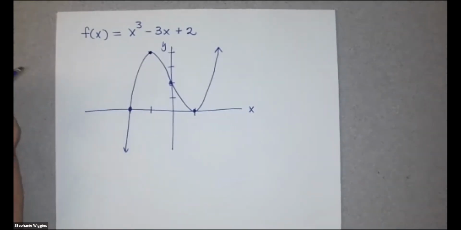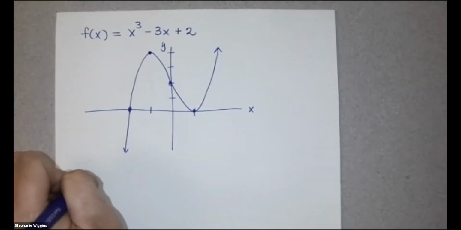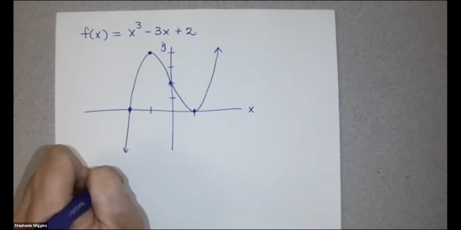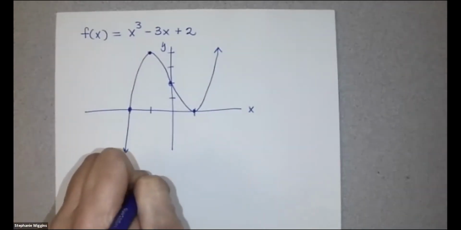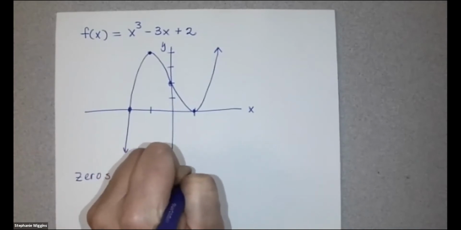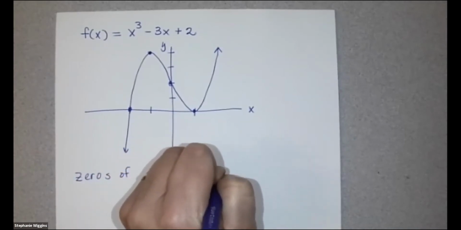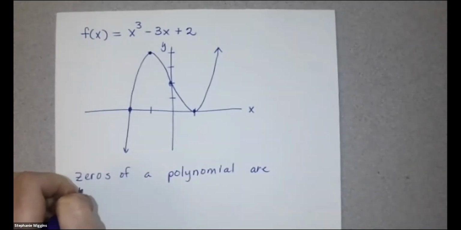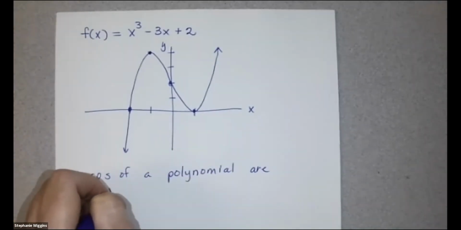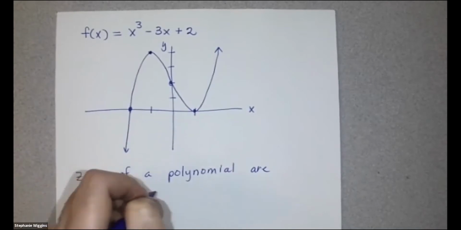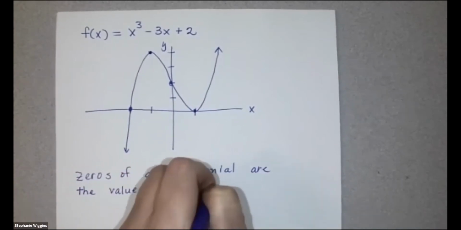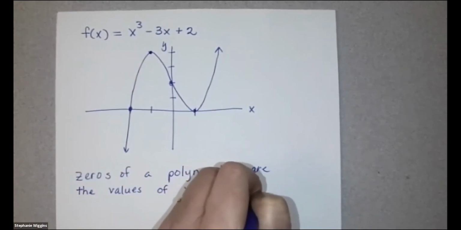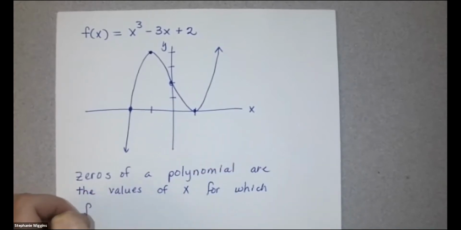The zeros of a polynomial are the values of x for which f of x equals 0.